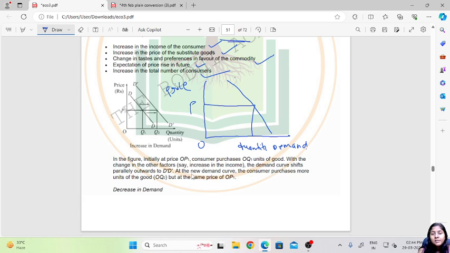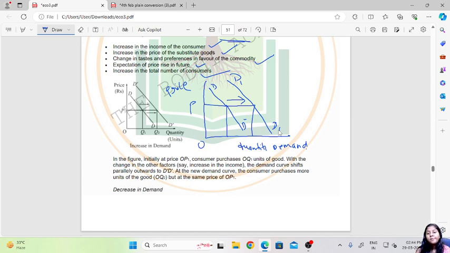DD is the original demand curve, and now since there is an increase in demand, we are getting a new curve. So this is D1 D1.